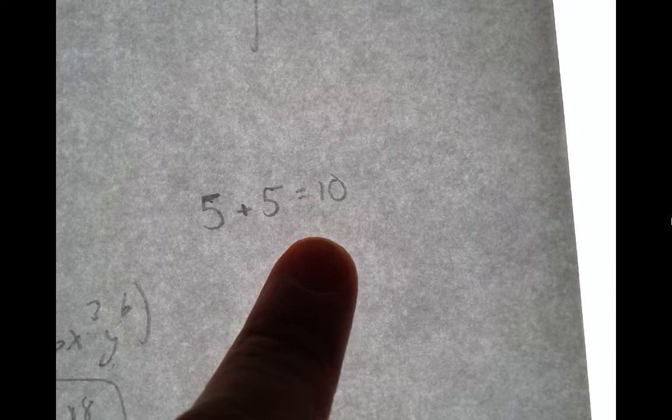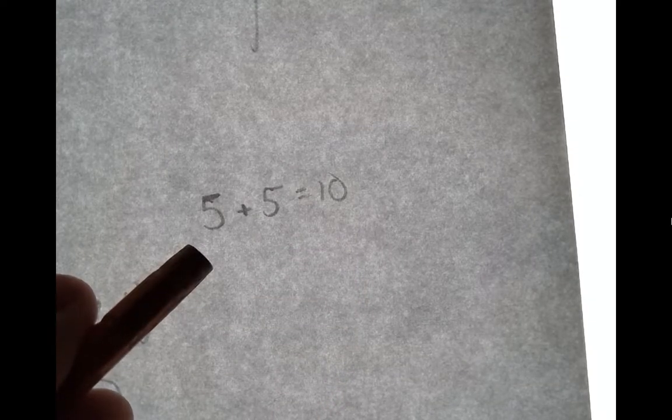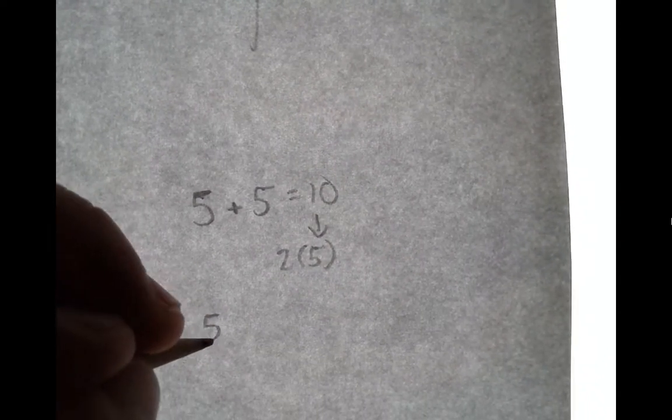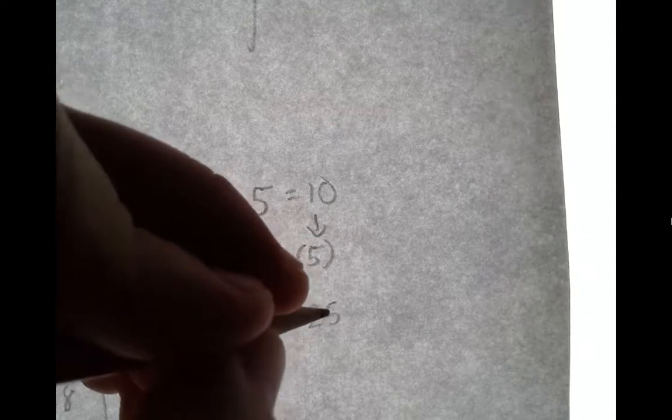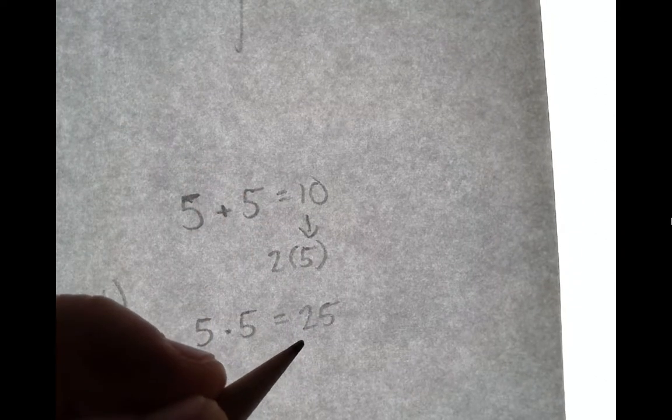And another way to write 10 is to take 5 and multiply it times 2, so 10 is really just 2 times 5. Now, if I try multiplication instead, 5 times 5 is 25, and another way to write that is 5 squared is 25.